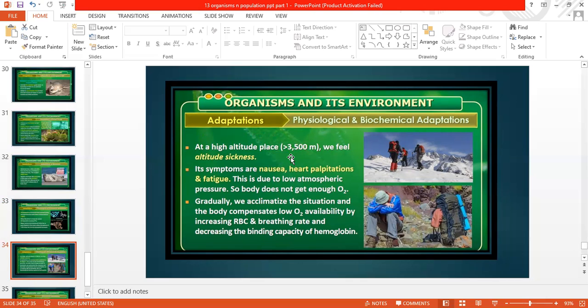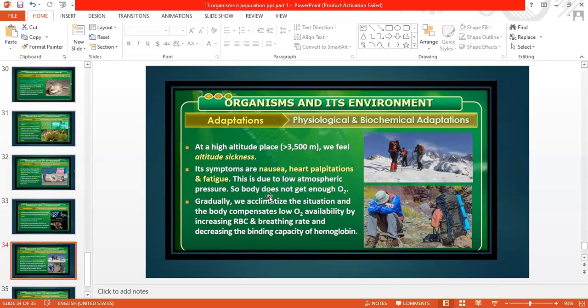Whenever we go to such an altitude, like we go to Manali or Mansarovar, then we feel altitude sickness. What are the symptoms? Nausea, heart palpitation, fatigue. Why does it happen? This happens due to low atmospheric pressure, and the body does not get enough oxygen.